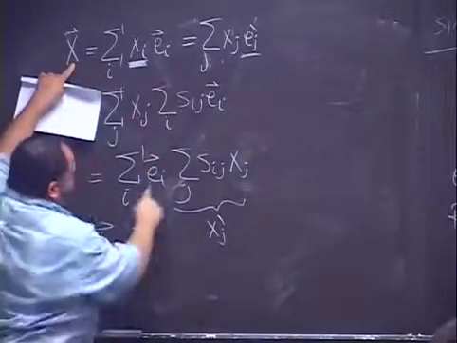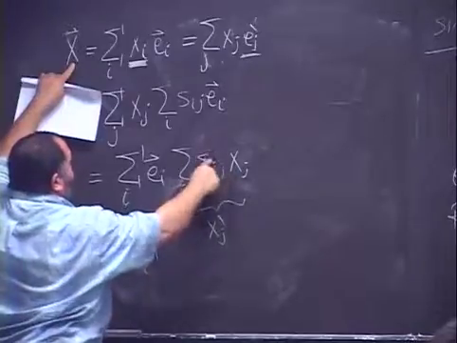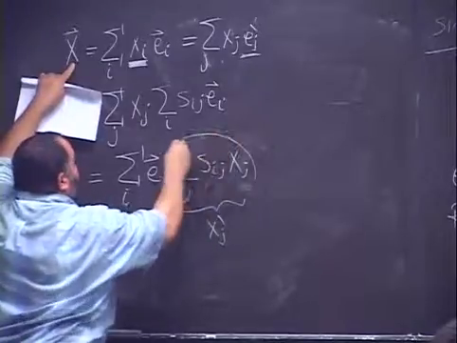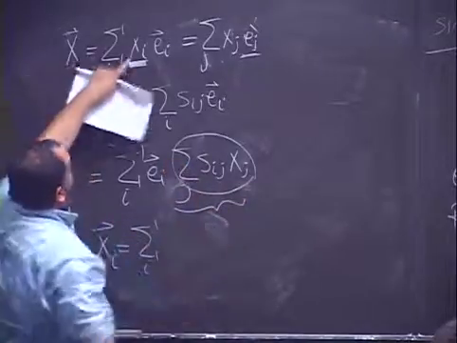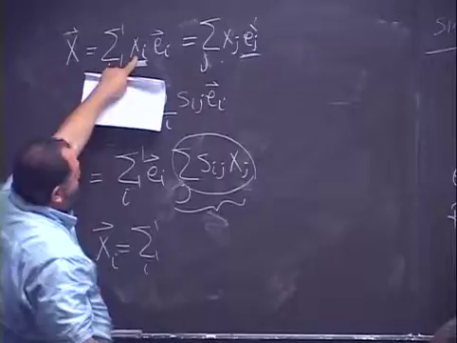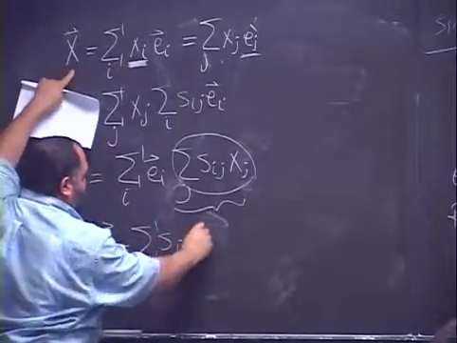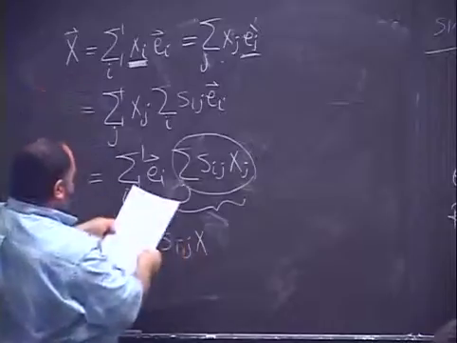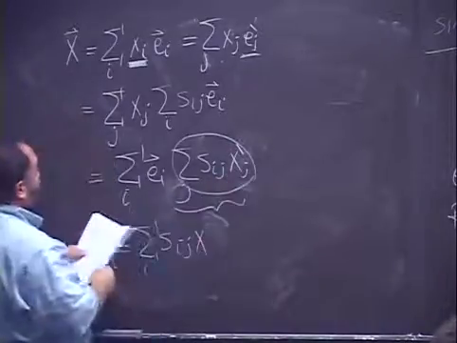Now, the same Ei is multiplied by what? By this. So this should be equal to Xi. So Xi should be equal to what? And this is primed. Sorry, I made a mistake here.